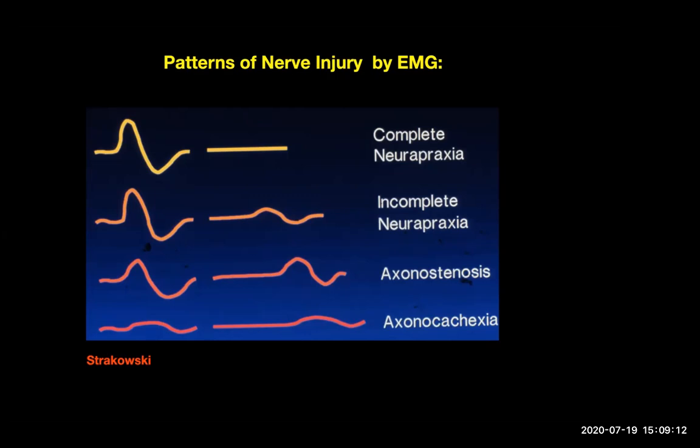In other words, there is narrowing of the axons. That's why it could not transmit the impulses beyond the area. Or there could be, as happens sometimes with elderly patients, axonocatexia. The nerve has chronically gone into a degenerative process. And so we need to also realize this.